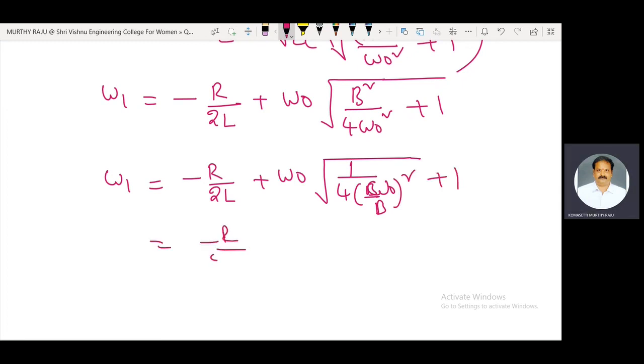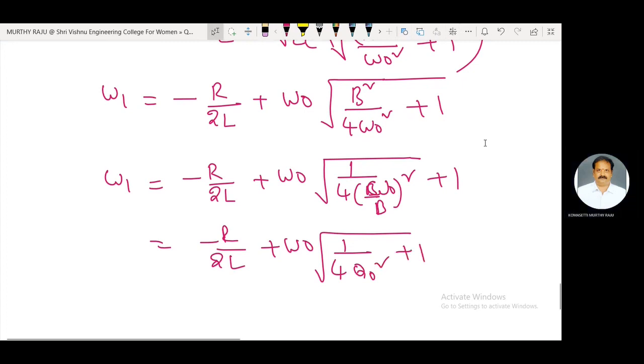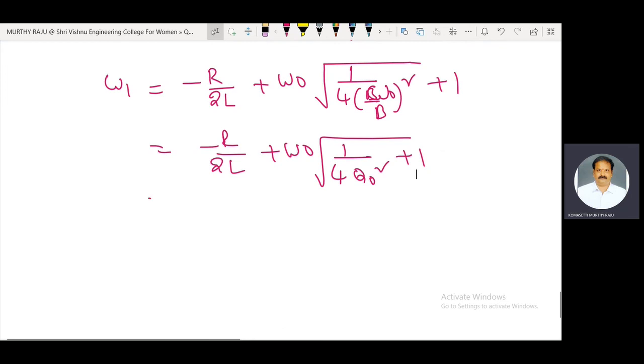That is minus R by 2L plus omega naught square root of 1 by 4 Q naught square plus 1. For large values of Q, Q naught greater than or equal to 10, 1 by 4 Q naught square is neglected.